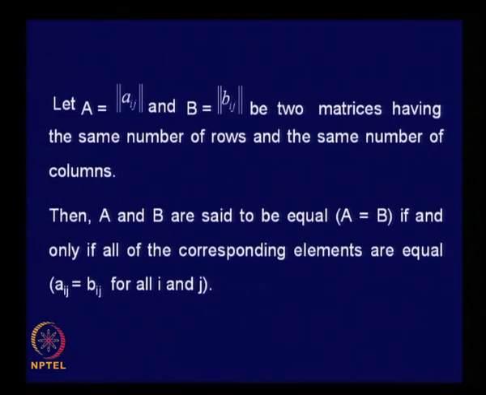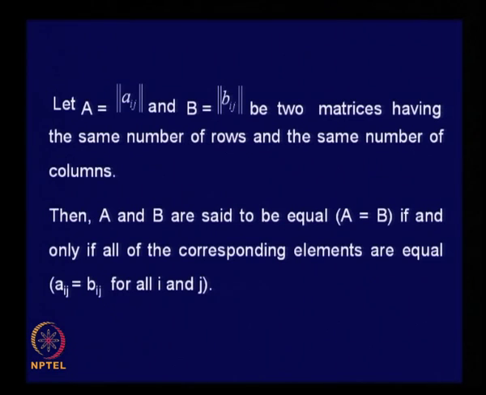Let A and B be 2 matrices having the same number of rows and same number of columns, okay, square matrices. Then A and B are said to be equal only if all of the corresponding elements are equal.